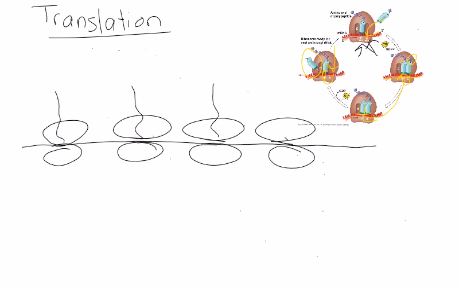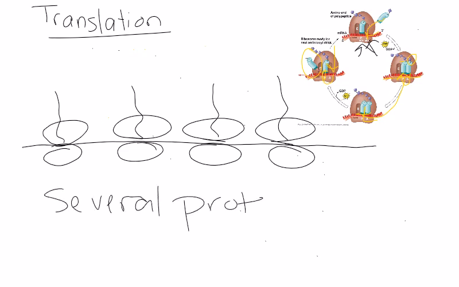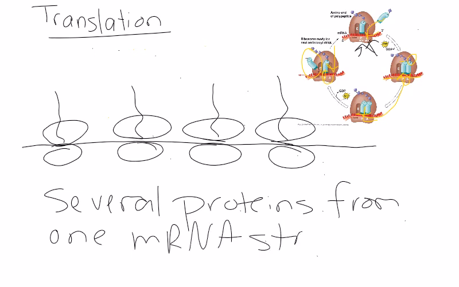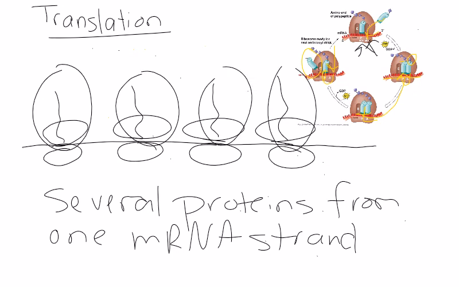And so out of these ribosomes, not only were we making one protein from one strand of RNA, we can make several proteins from one mRNA strand. And so we can read this mRNA strand multiple times in each ribosome, and we can make not just one, but multiple proteins.